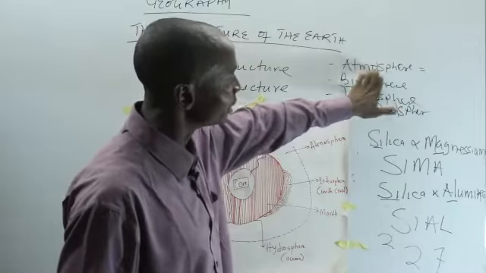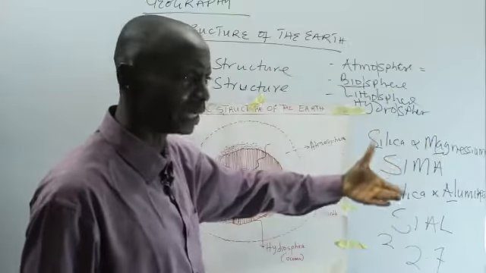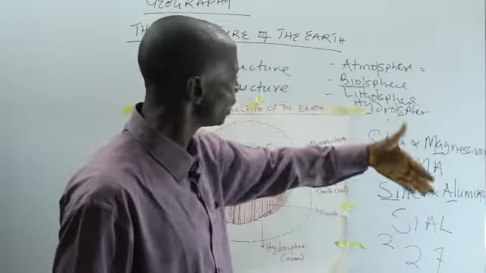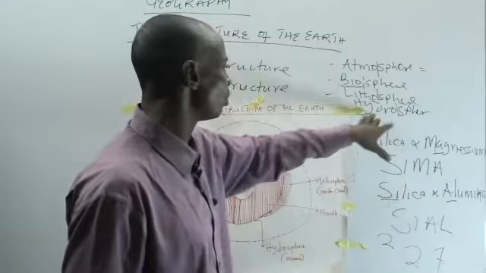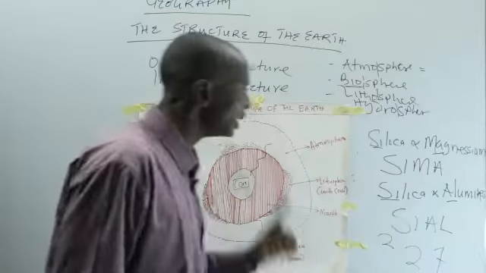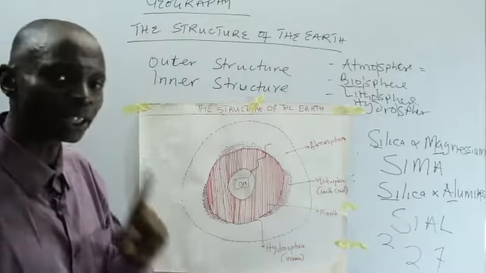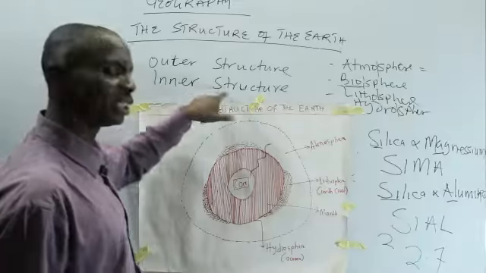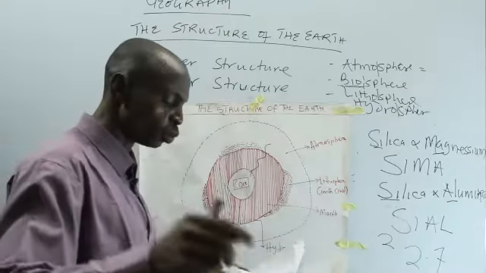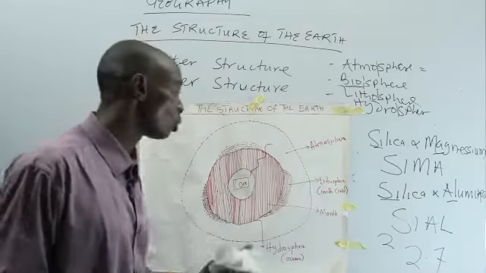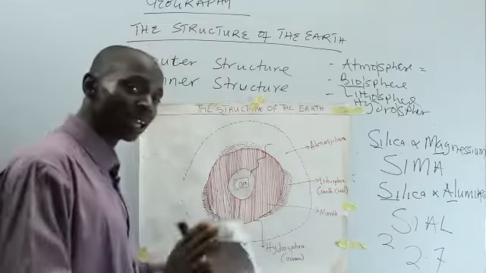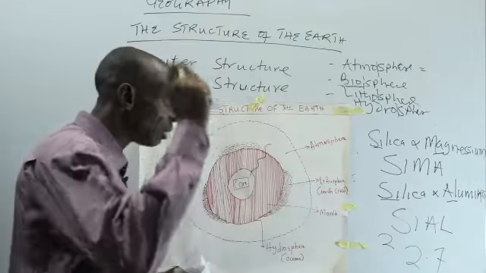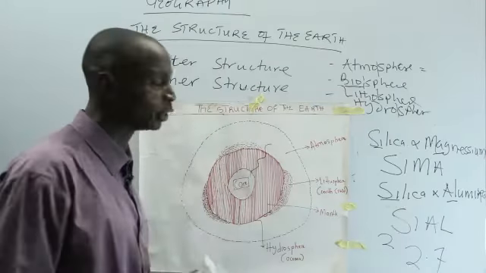Number one, the air, what do you do with them? Number two, the biosphere. Number three, the lithosphere. Number four, the hydrosphere. But the most important thing that we are discussing here is to lay the foundation for the next topic, which is rocks. We are going to look at different types of rock and their mode of formation.